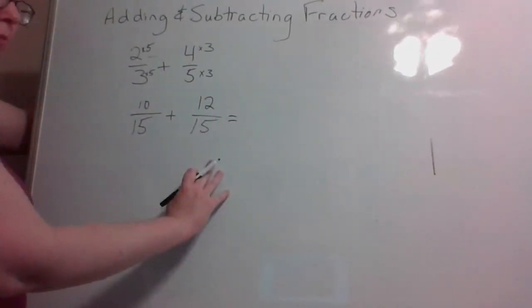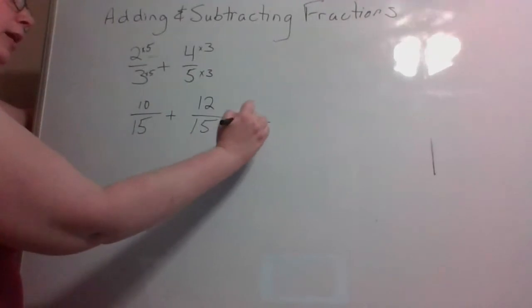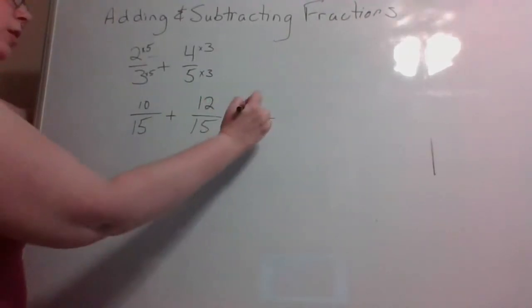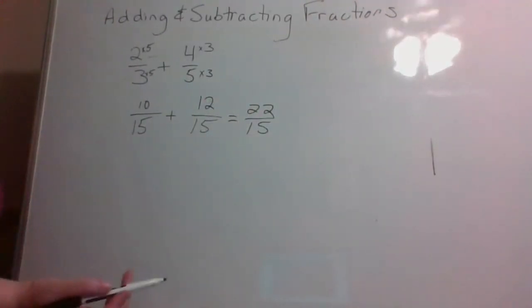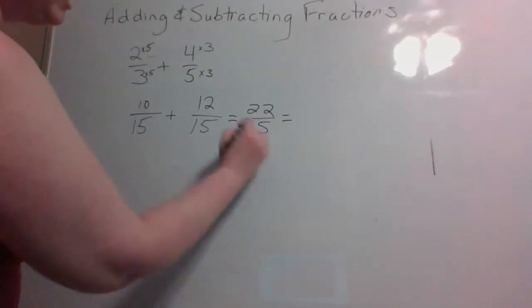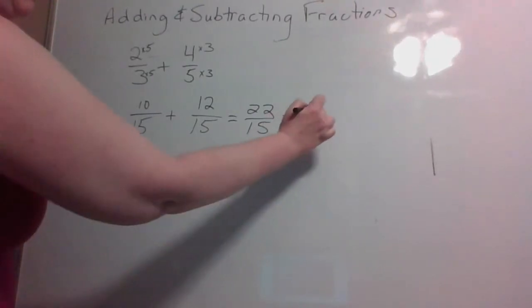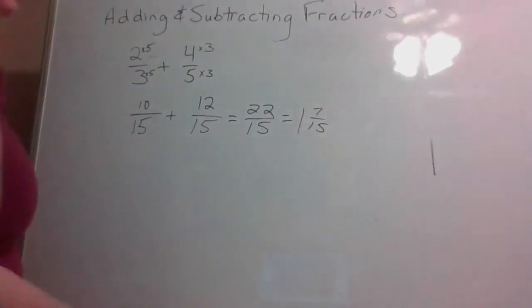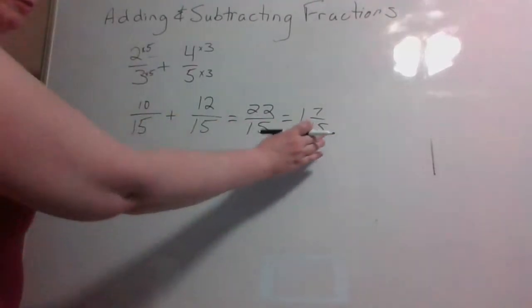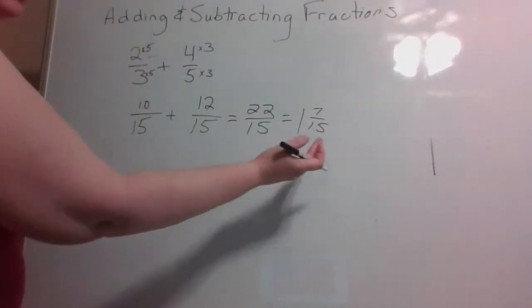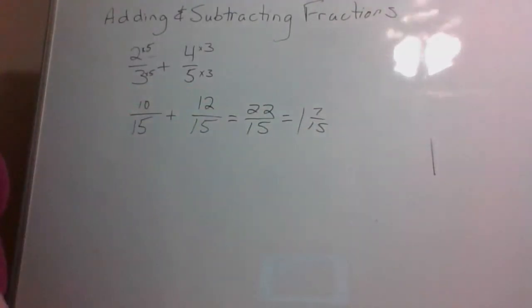Now I'm right back to where we were, where we have common denominators. We're going to add the numerators up, and then we decide how many times does my denominator go into my numerator, what's my remainder, and there you have it. Always make sure that you reduce your final fraction. So had we been able to reduce 7/15, we would need to do that.